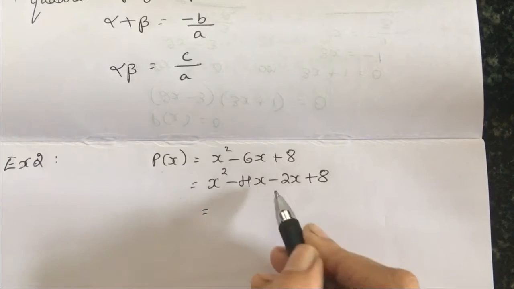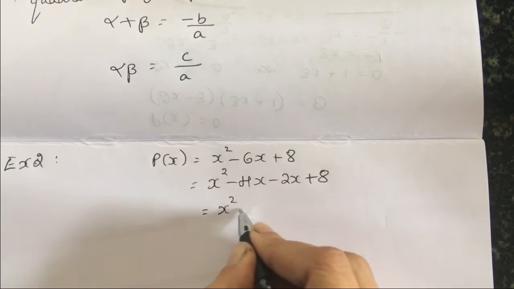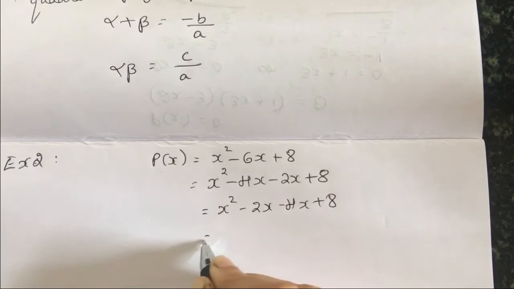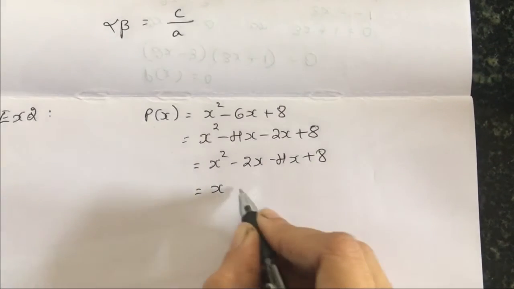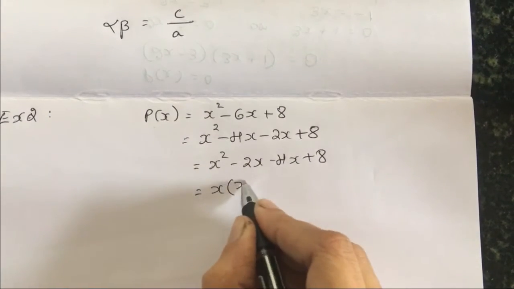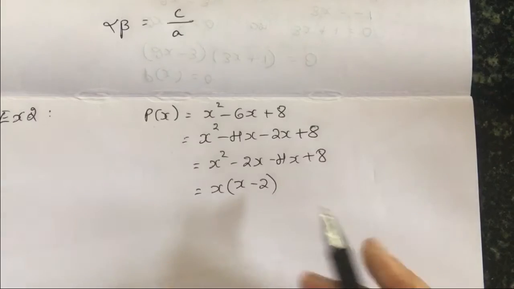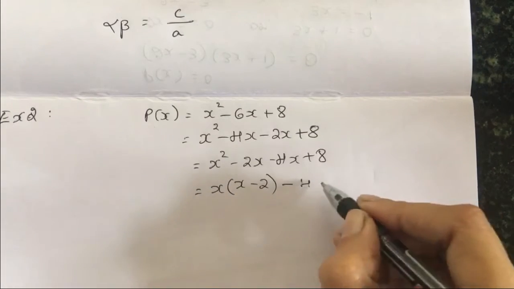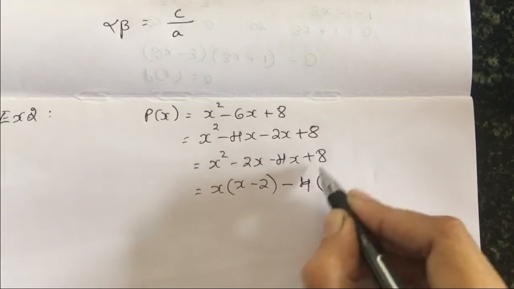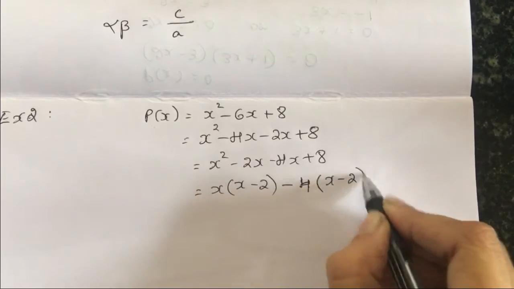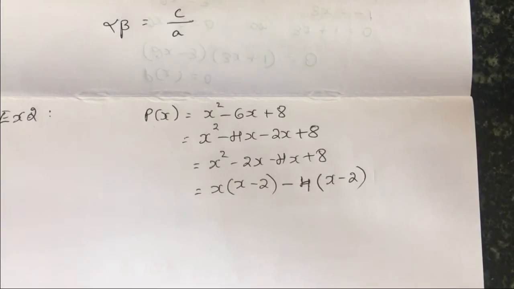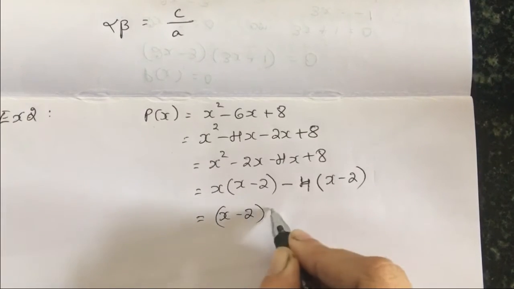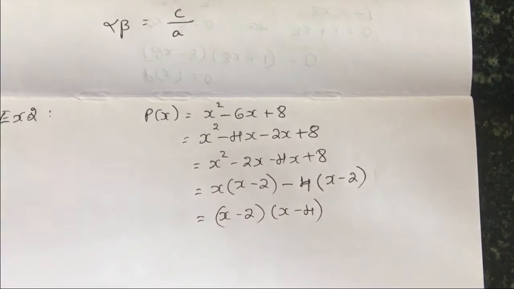I'll rearrange this as x square minus 2x minus 4x plus 8, so that it's quite easy. From the first two terms I'm taking x out, so that x minus 2 remains, and from the last two terms I'm taking minus 4 outside, so that x minus 2 remains inside. x minus 2 is common in both, so I'll take it out. The remaining is x minus 4.